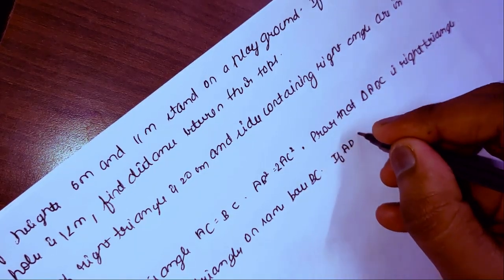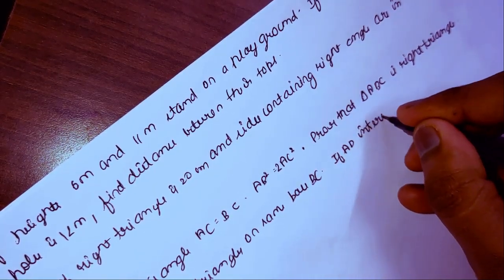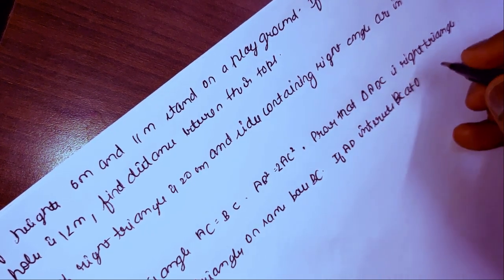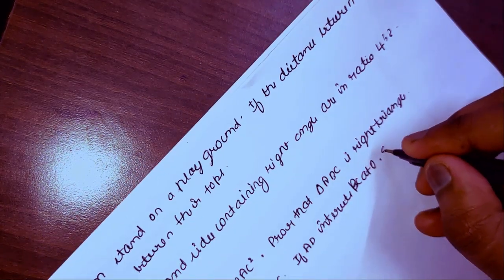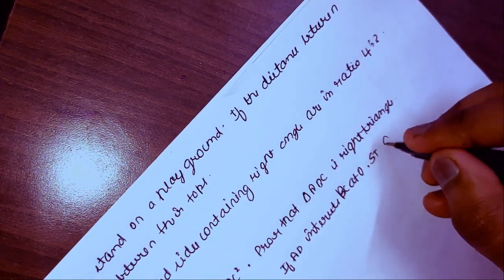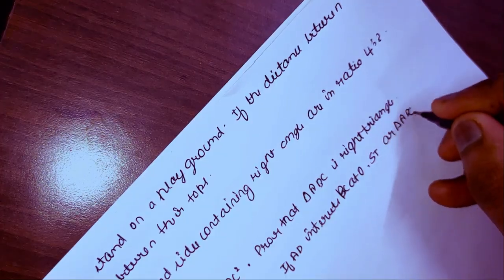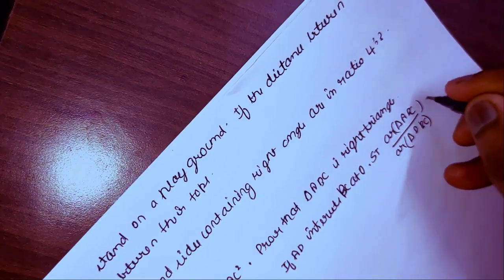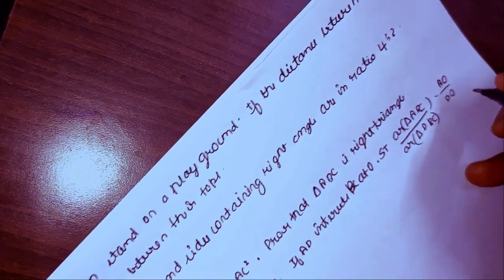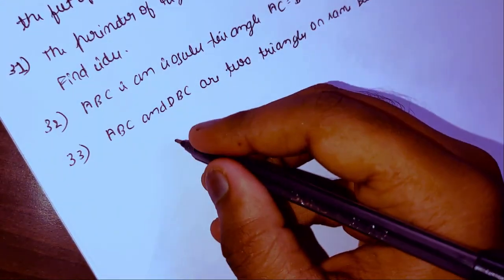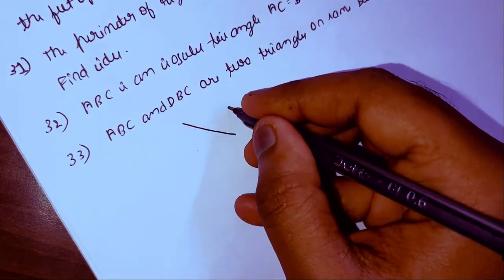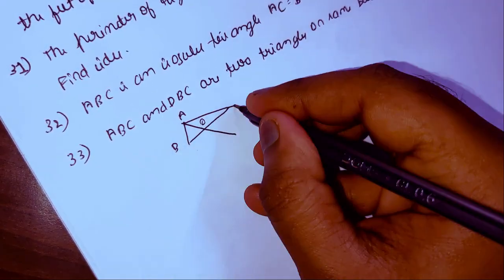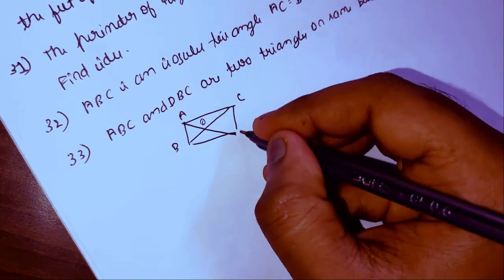If AD intersects BC at O, show that area of triangle ABC by area of triangle DBC is equal to AO by DO. I'll draw the diagram. A, B, this is O, this is C, and this is D.